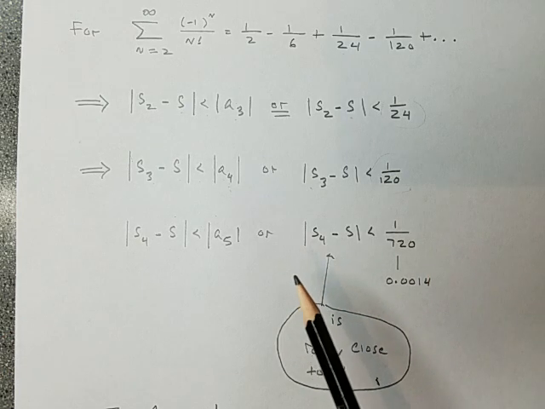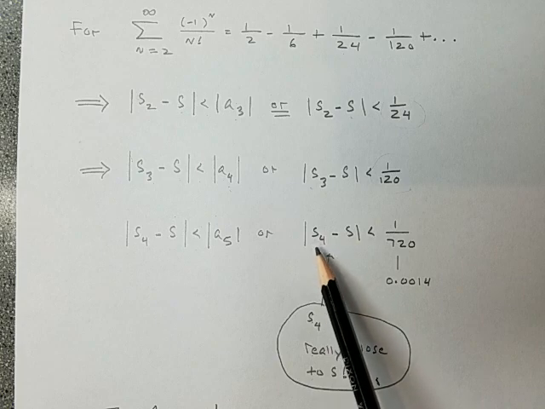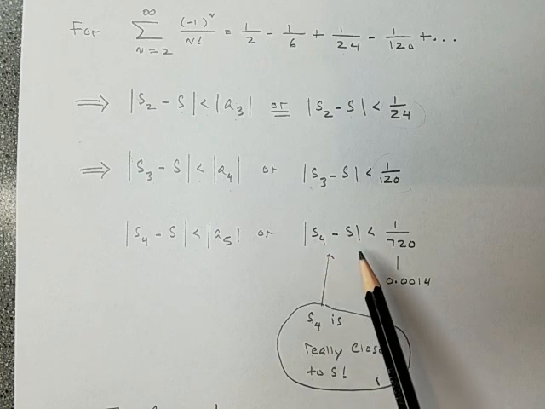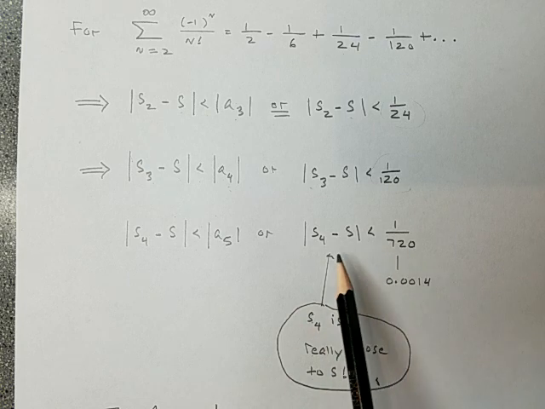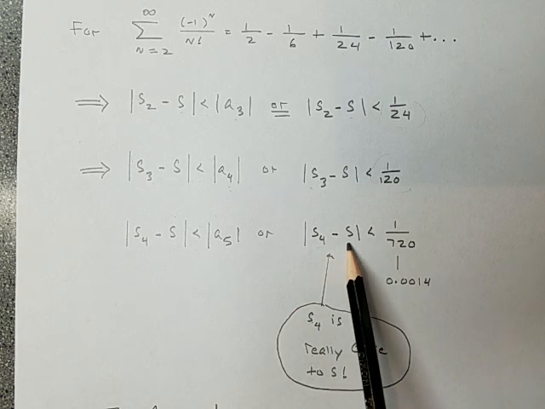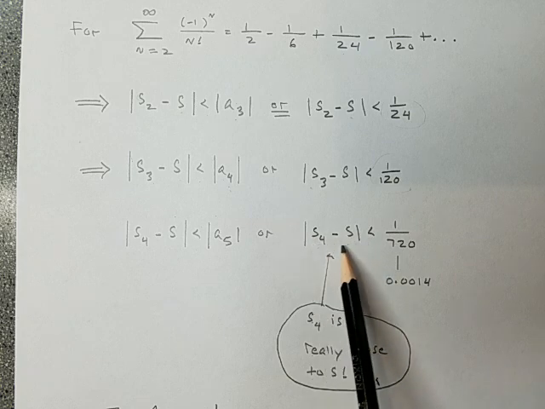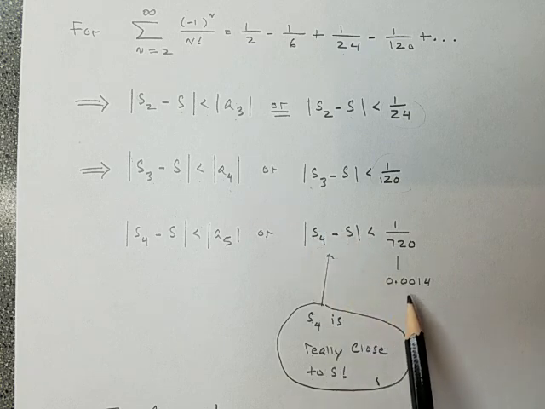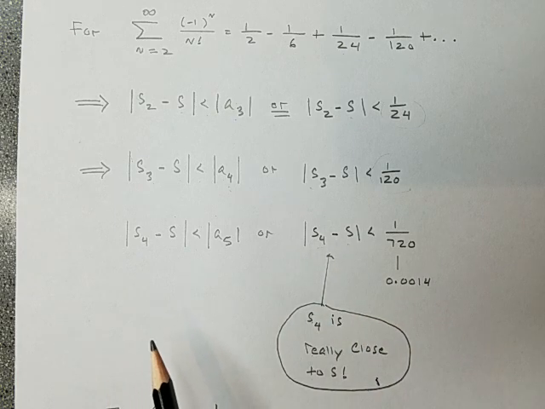So I could say, well, the sum of the first four terms gets you really close to S. Why is that? Because if you subtracted them, the absolute value of their difference would be less than 0.001. That means they're real close to each other. So that's how it works.